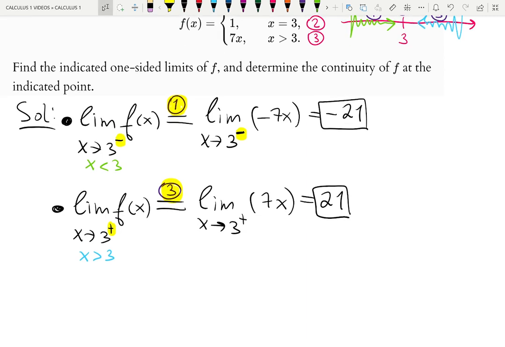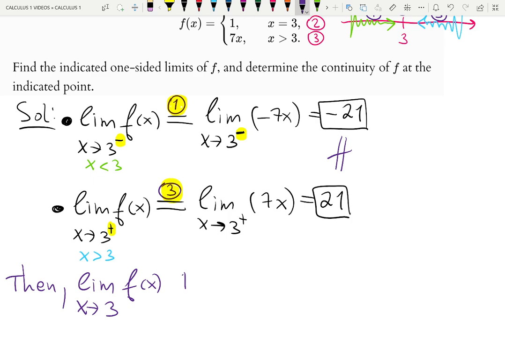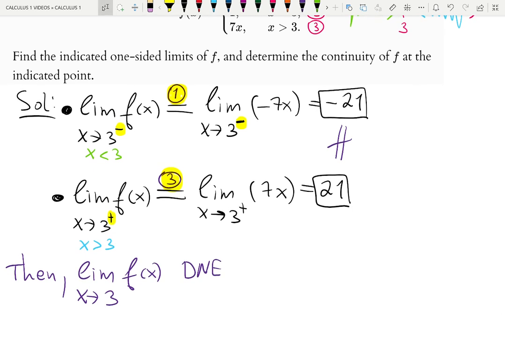So, from these 2 answers, I already can tell that the limit at the point 3 of f of x does not exist. Because by definition, it exists only if left limit equals the right limit, and they did not meet. This identifies a jump.